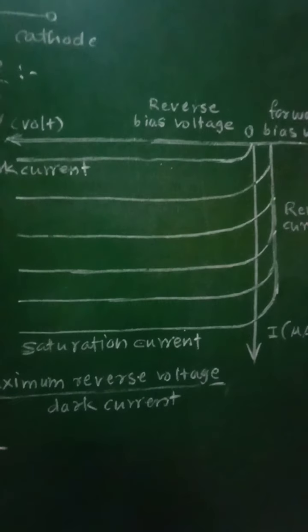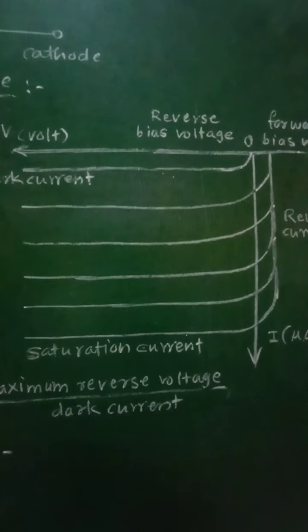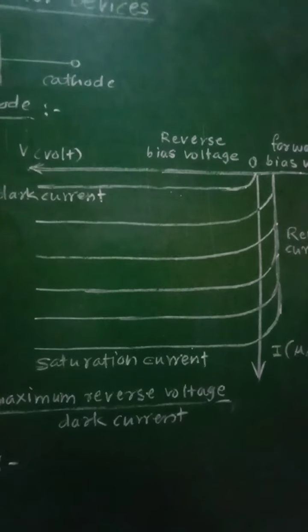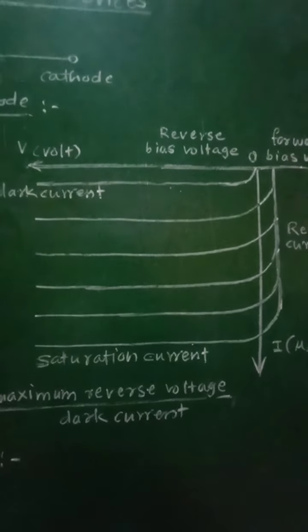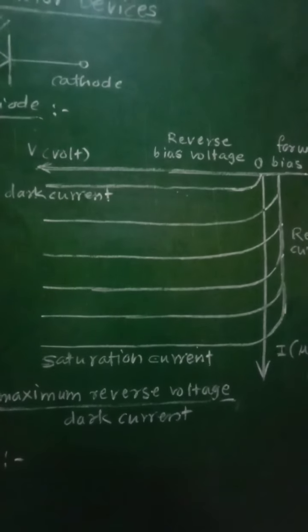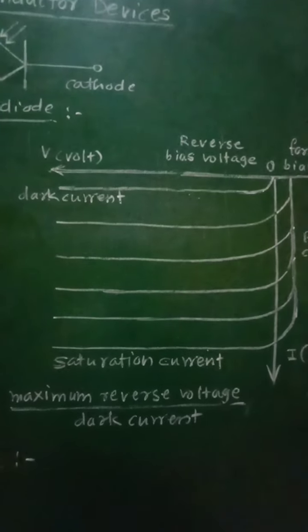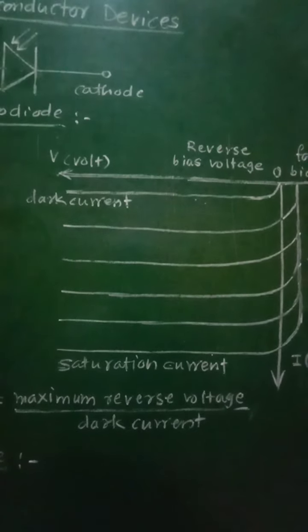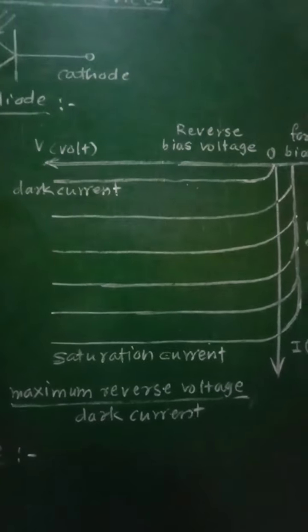photodiode are as shown. Now the dark resistance of a photodiode, that is RD, is defined as the ratio of maximum reverse voltage to its dark current.